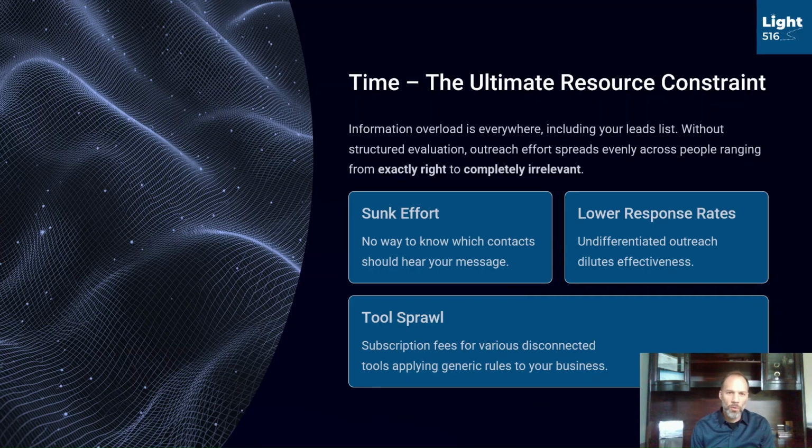So what we need is structured evaluation so that we spend our right time in the right places. When we don't have tools like this, we spend effort devising messages that go to the wrong people, which then ends up in lower response rates. Or we end up collecting a bunch of tools that we try to cobble together to help us save time, but over time it becomes difficult to manage.